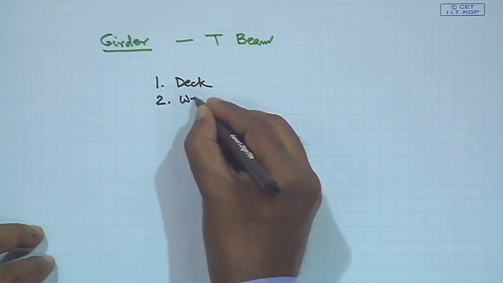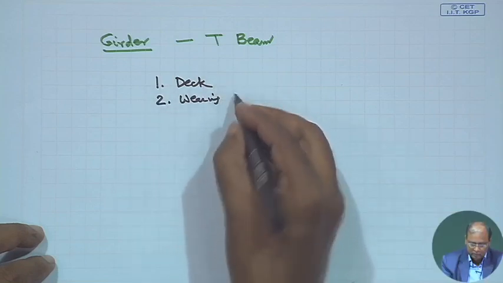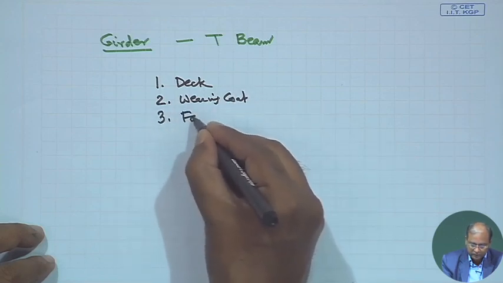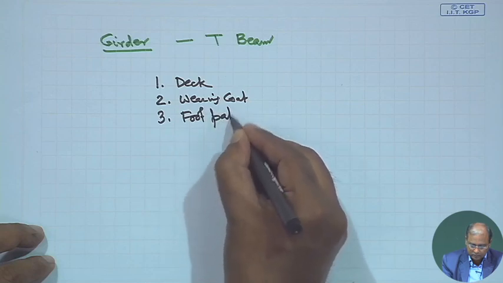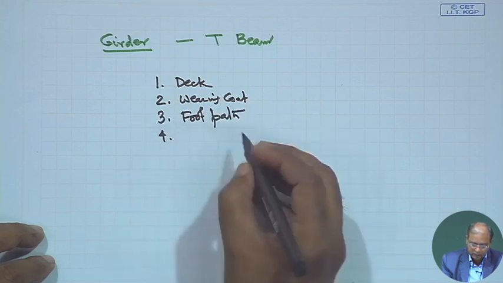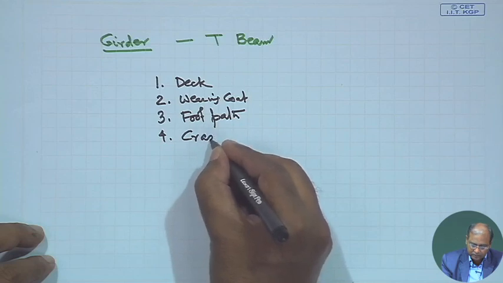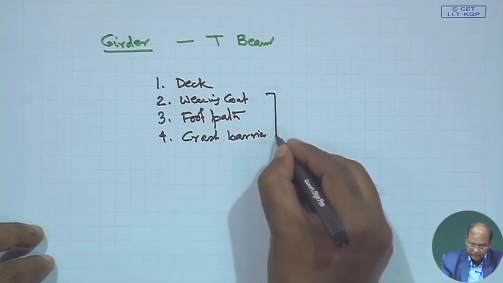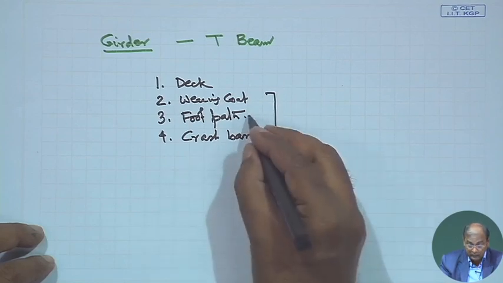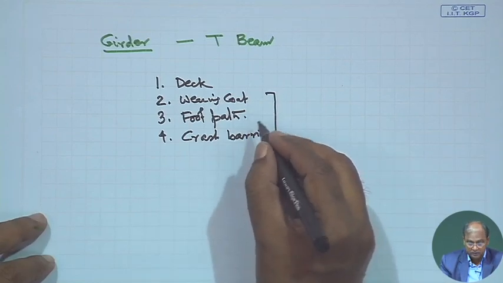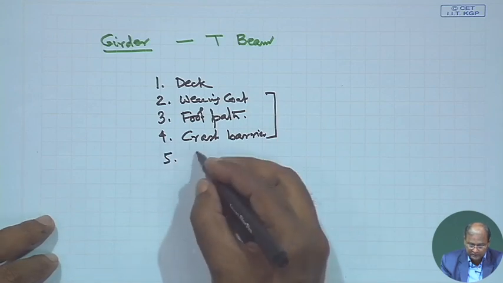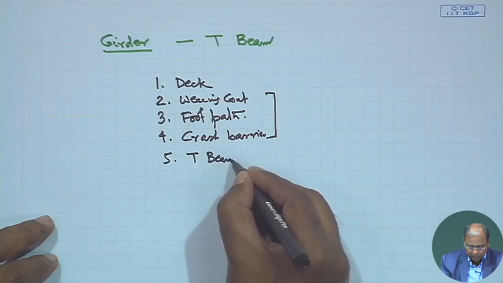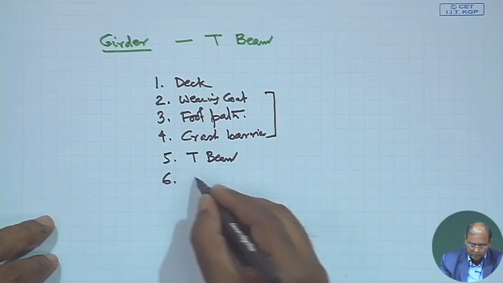the kerb, the footpath, then the crash barrier, then the T beam, and the vehicle load.